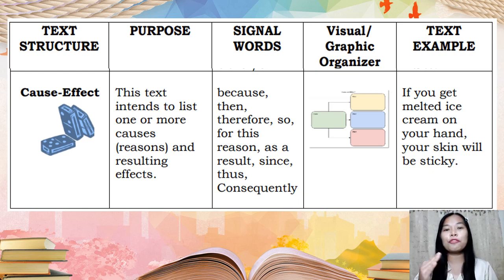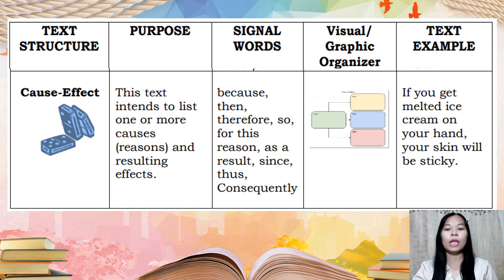So be careful though with these signal words because there are words here that are meant only for causes and there are signal words that are meant only for effects. So we should know the usage of these signal words in a cause-effect text structure.